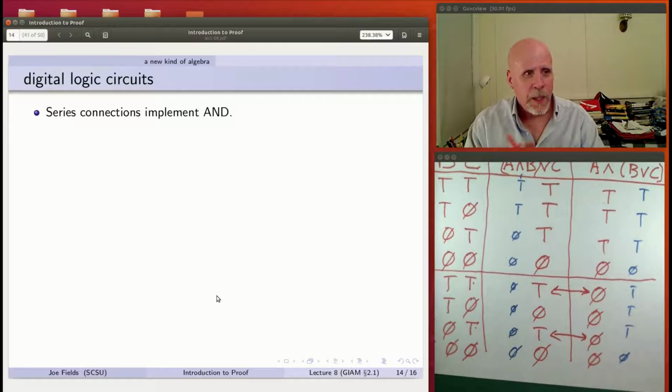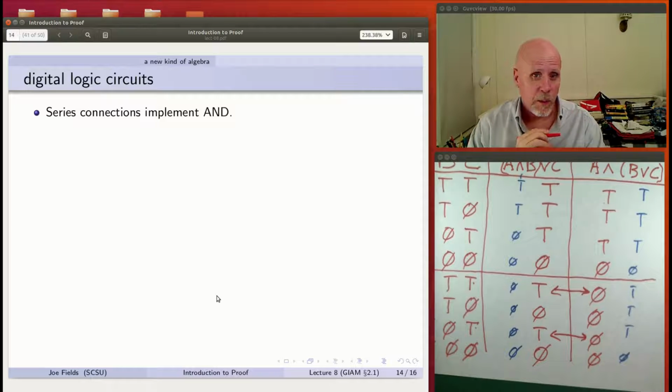All right, so we're going to now look at something that we can use as a tool to help visualize logic to a certain extent, but also I think it's a useful topic to see why logical connectors have some of the rules that they do.